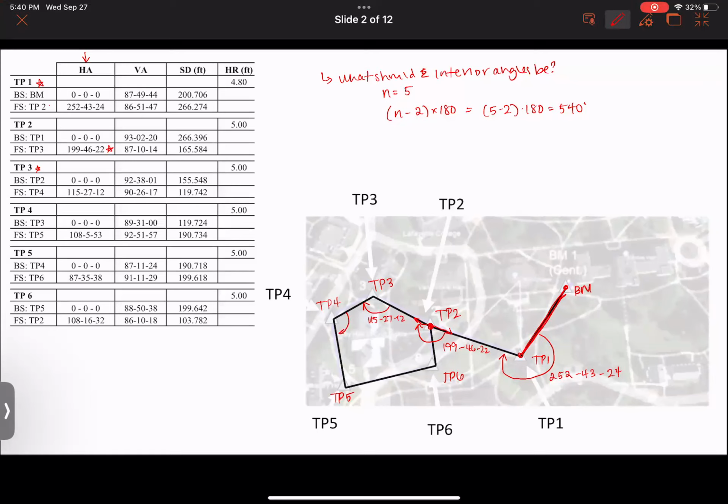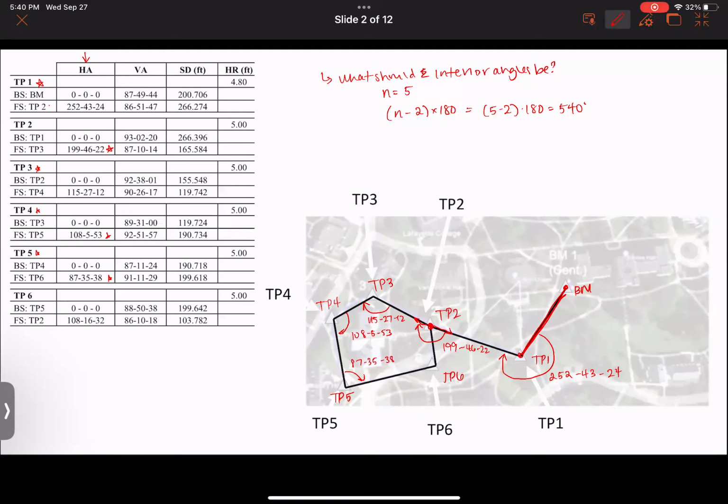Set up on TP4. Did the same sort of thing. They got 108-55-3, which is right here. And they finally set up on TP5. Backsighted TP4, foresighted TP6, measured an angle right here of 87-35-38.